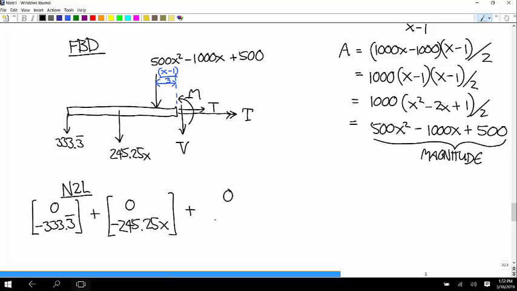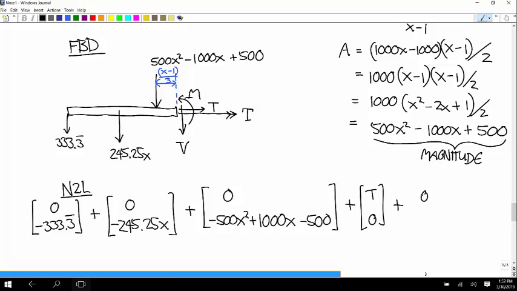So that's 0, -500x squared plus 1000x minus 500, and then plus P, 0, plus 0, negative V is equal to zeros.